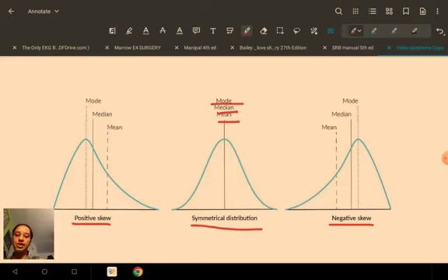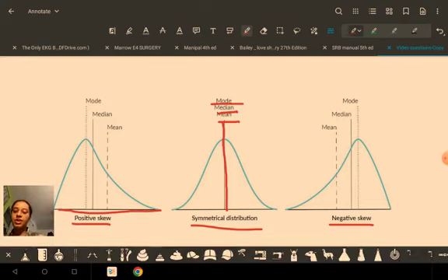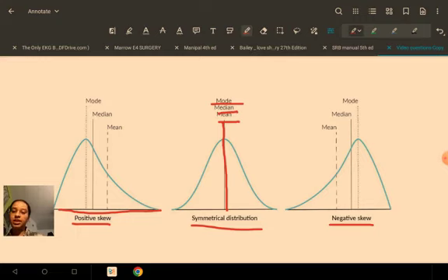They are all the same here. Whereas if you see the positive skew curve, it's very easy for us to understand the concept of mode. It's the number occurring the most times, right? So wherever the peak is, there our mode will be. So at the peak we get the mode.